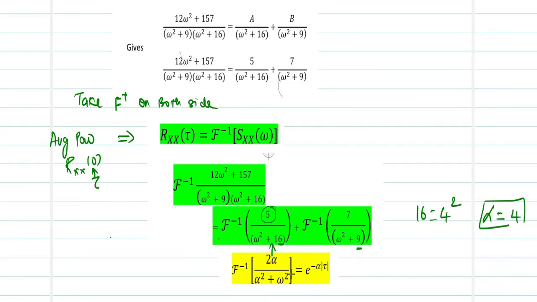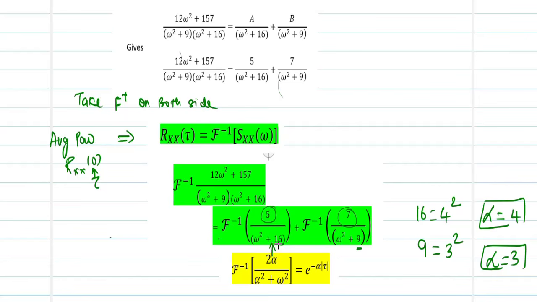Now for the second, 7 can be taken outside, so I will have F inverse of 1 divided by omega square plus 9. 9 can be replaced as 3 square, so for the second case alpha will be equal to 3.